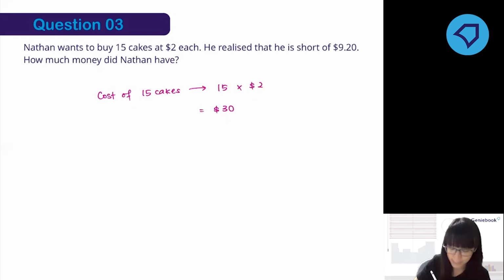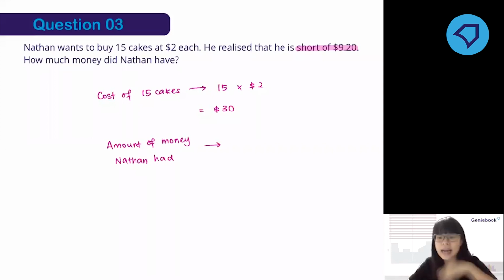But he is short of $9.20. That means he doesn't have enough money. He is short of $9.20. So how much did he actually have? The amount of money Nathan had would be $9.20 less than $30, right?